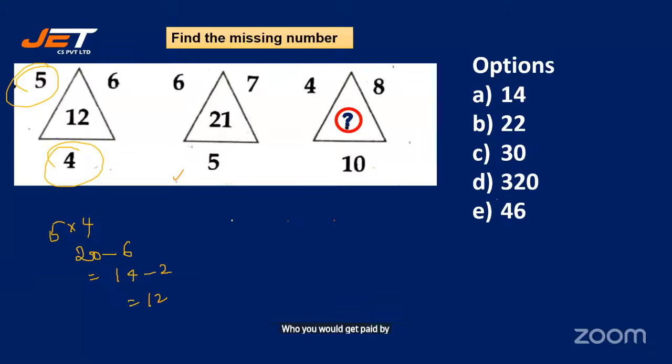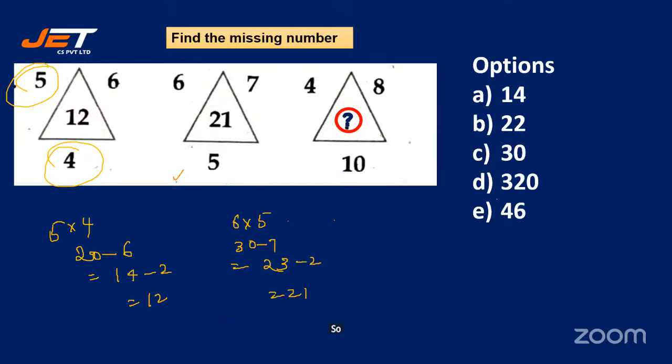Let us stick to the same strategy for the next sum. So we have 6 into 5, 30 minus 7. So you get 23, but you want 21, so minus 2 is 21.